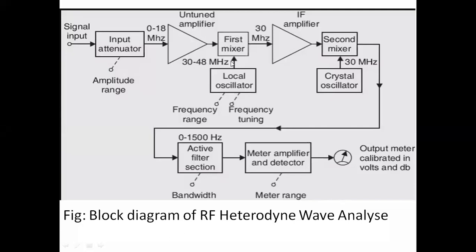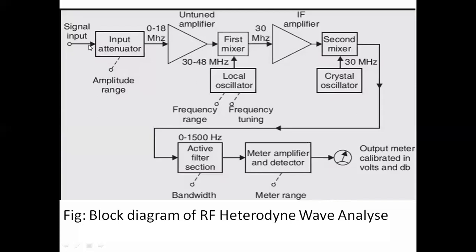So we have generated some frequency from the local oscillator, and we have obtained the input signal. These two signals are mixed, and we will get 30 megahertz. To get the 30 megahertz difference, we can adjust this frequency range and tuning.